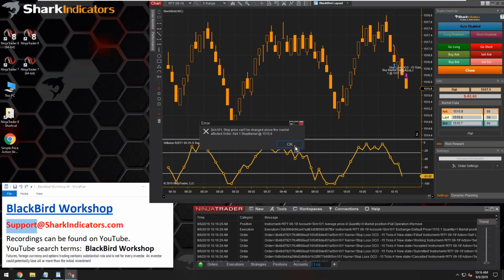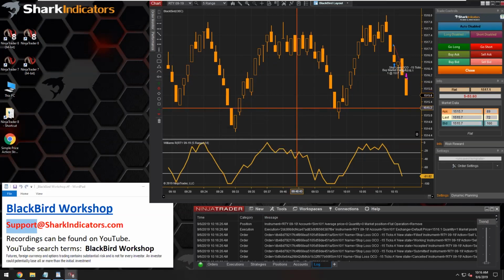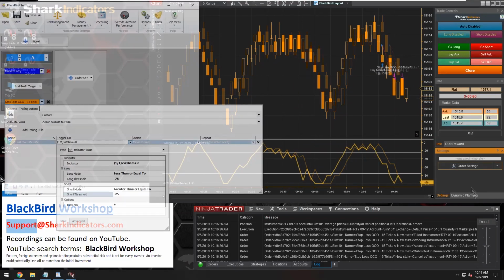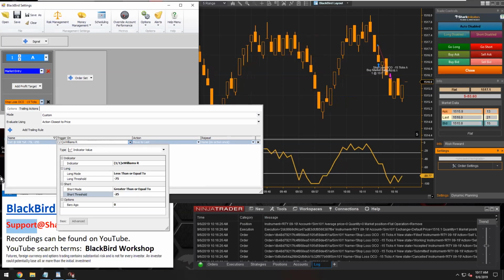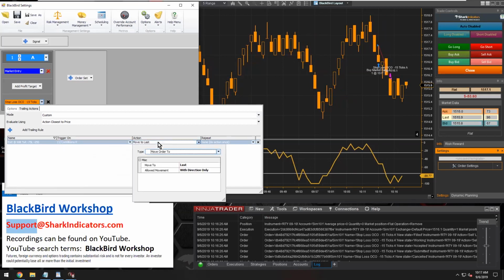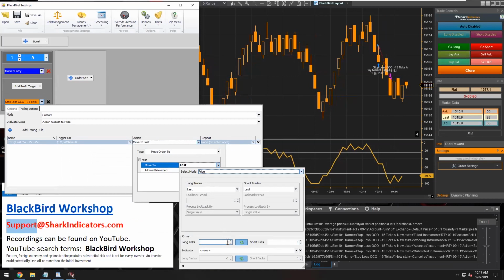Dean is asking, would moving the stop to the last price really ensure you're getting out? Good point, Dean. In the past, when the markets used to be really volatile, I used to suggest that you could move to last and also pad it with a few extra ticks just to ensure that.